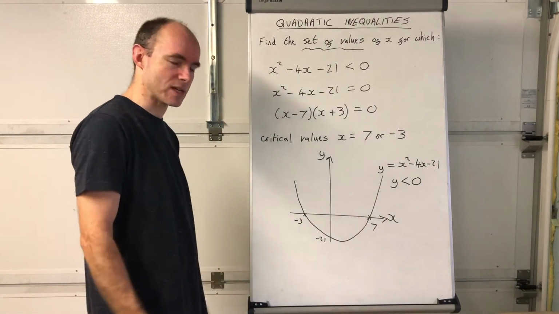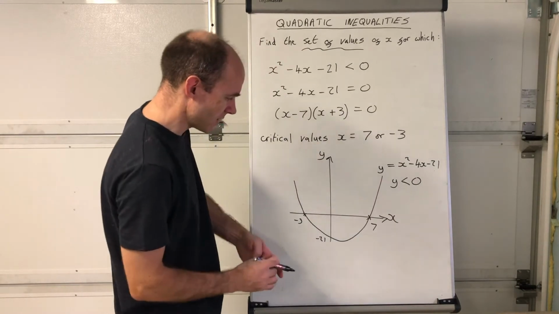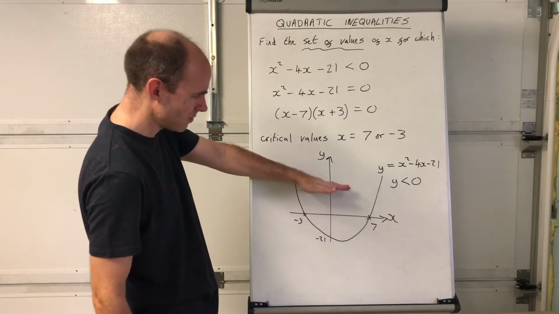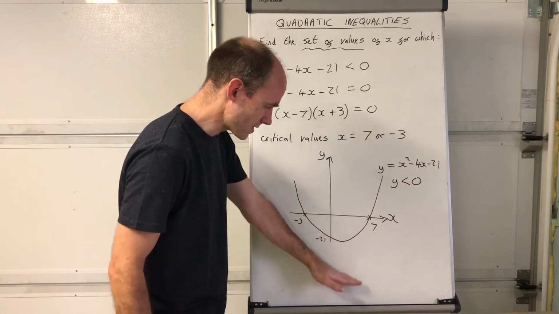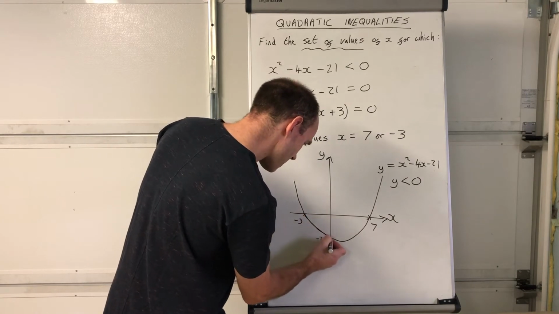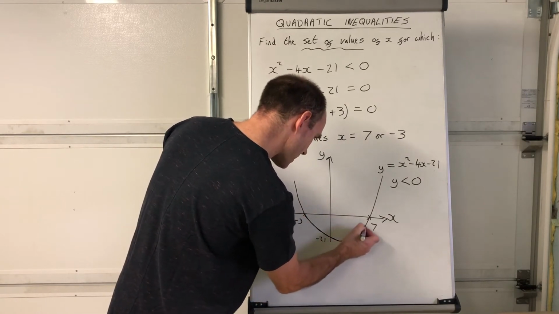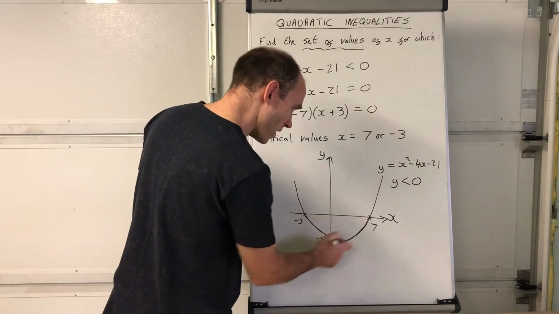When are the y-coordinates less than 0? Well, the y-coordinates are basically defined by the y-axis, aren't they? Any positive y-coordinate is above the x-axis. Any negative y-coordinate is below the x-axis. And what are we looking at? We're looking at this part of the graph here. If I just trace over it again, that is the bit that is below the x-axis. This is the bit where y is less than 0.